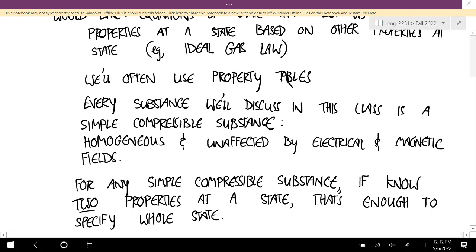So if you have a simple compressible substance and you know the specific volume and the temperature, then there's no flexibility in what the other properties can be. There's then a specified pressure, entropy, specific enthalpy, all that stuff.